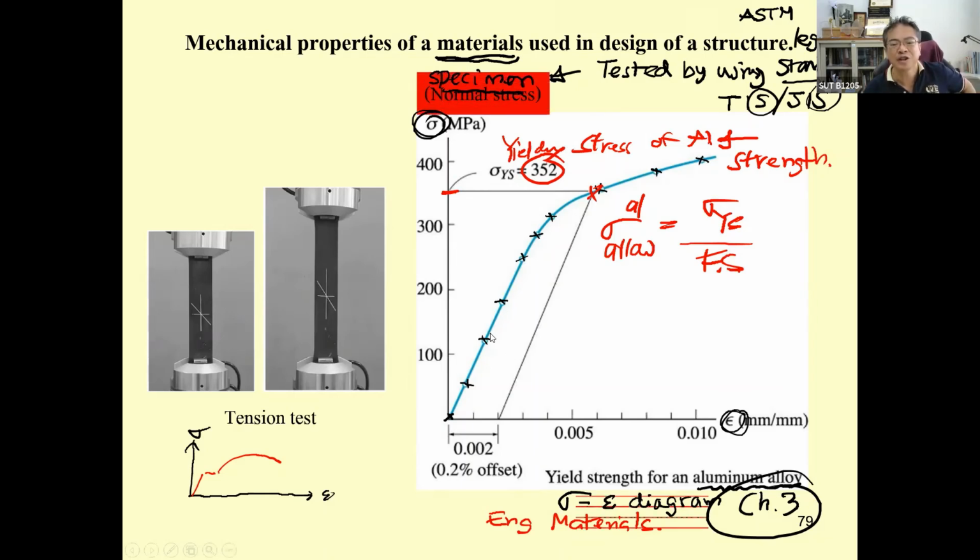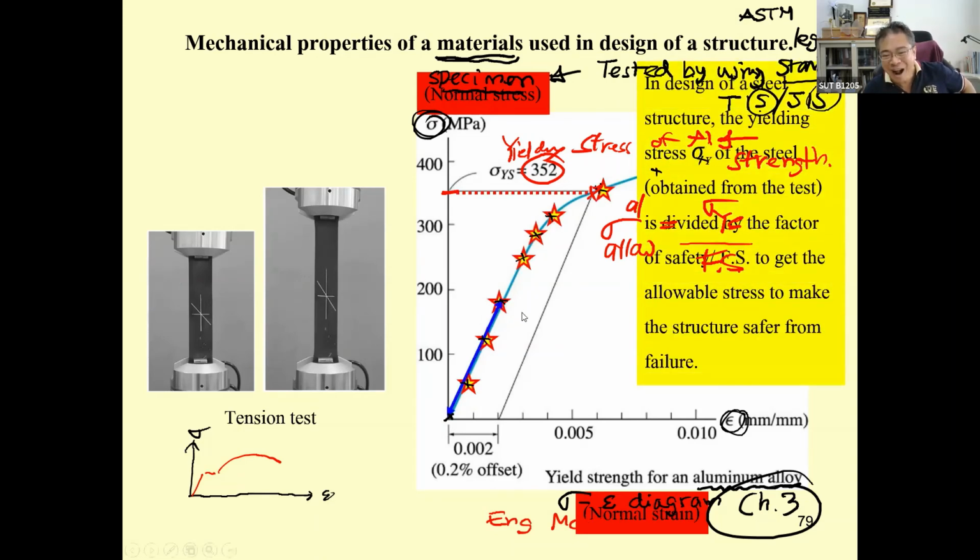So in actuality, this one will be only half of this. In the design of steel and aluminum, we use the yielding stress obtained from the test and divide by factor of safety to get the allowable stress to make the structure safer from failure.